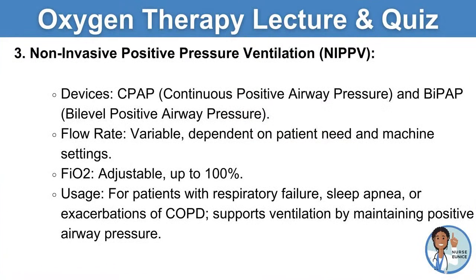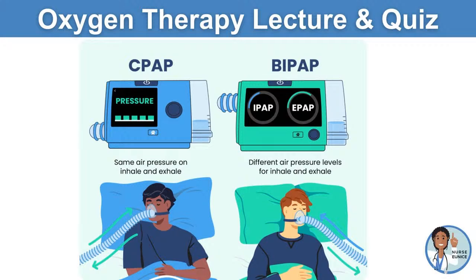The CPAPs and the BiPAPs are for patients with respiratory failure, sleep apnea, and exacerbations of COPD, and they support ventilation by maintaining positive airway pressure. So it's pushing in oxygen, and as long as they have a tight cylinder mask, that maintains the pressure. And here are some examples.